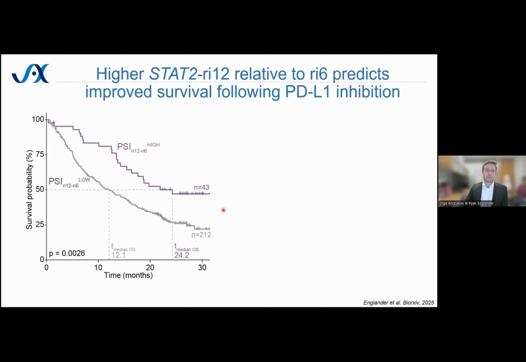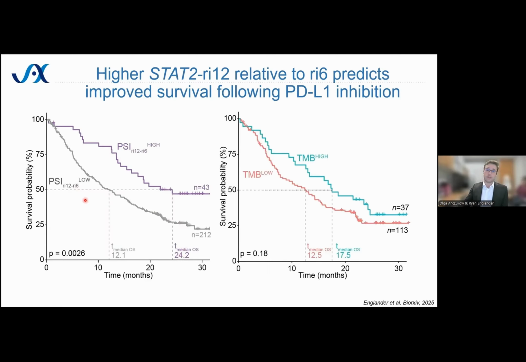About 15% of the patients in the atezolizumab arm of this trial were RI12 minus RI6 high, and those patients had markedly improved survival in response to atezolizumab, with a doubling in median overall survival relative to the patients in the RI12 minus RI6 low cohort. That is a notably stronger effect than patients in the TMB high cohort relative to TMB low.